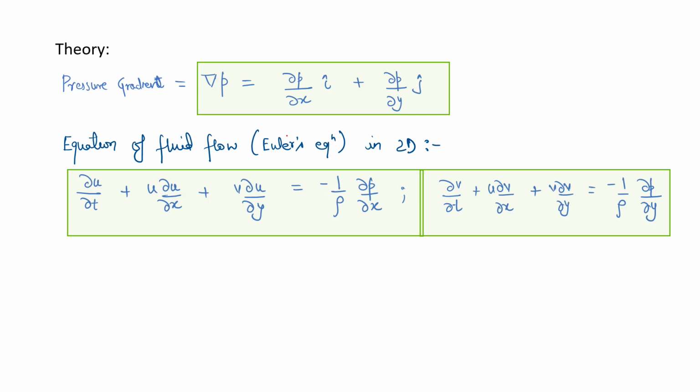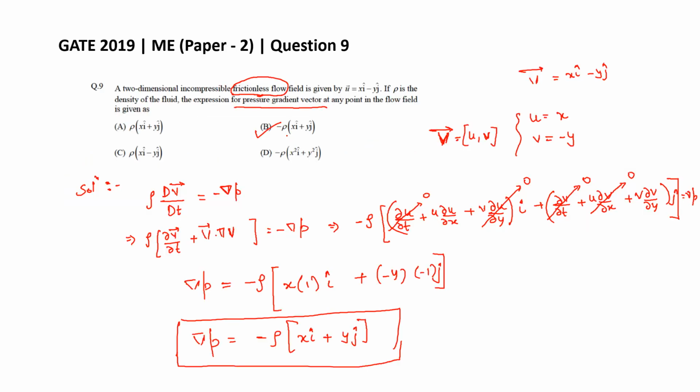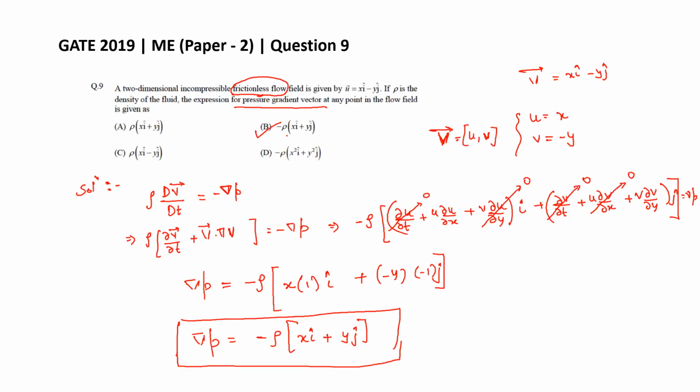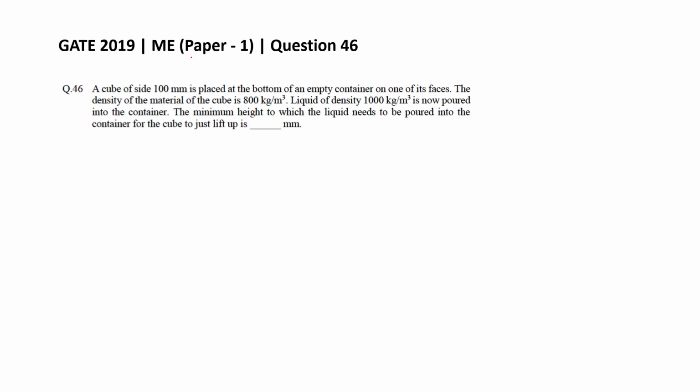So Priyanka, this is clear now? Yes, sir, it is clear, sir. Okay, then I think we can move on to the next one. We just solved it here, and the correct option is B. So let's move on to the next one.